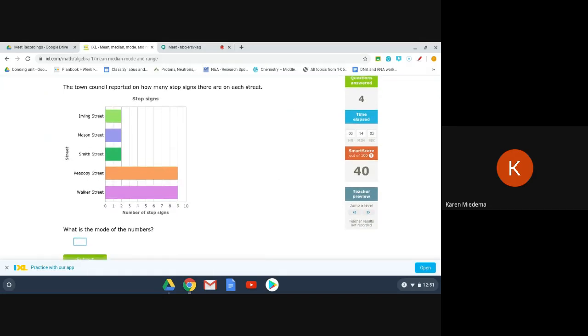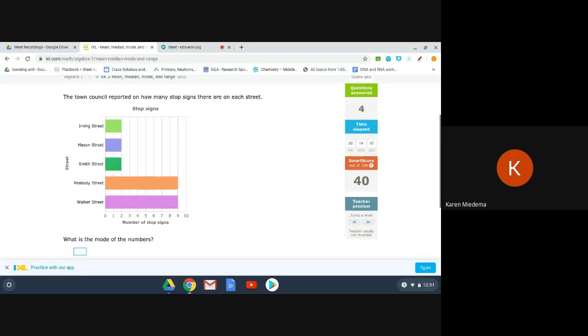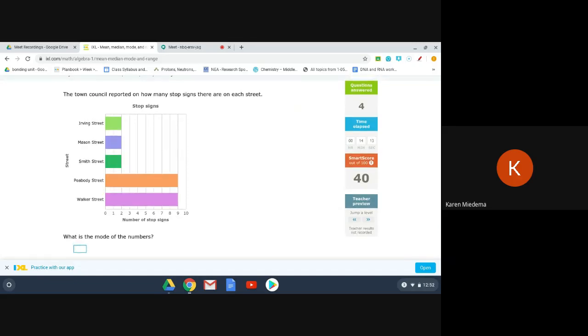Okay, let's take a look at this one. It says the town council reported on how many stop signs there are on each street. Once again, you can list out all the data, but it's not going to be necessary, especially for a problem like this, which is going to have a lot of data. Irving Street had 2 stop signs.